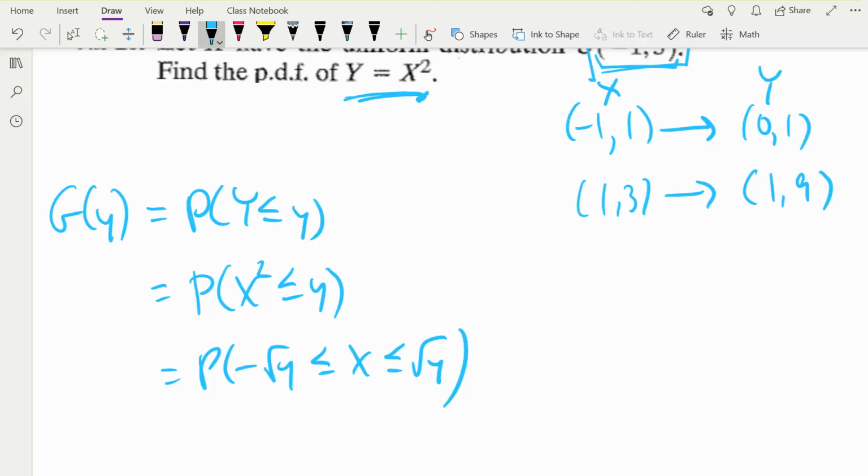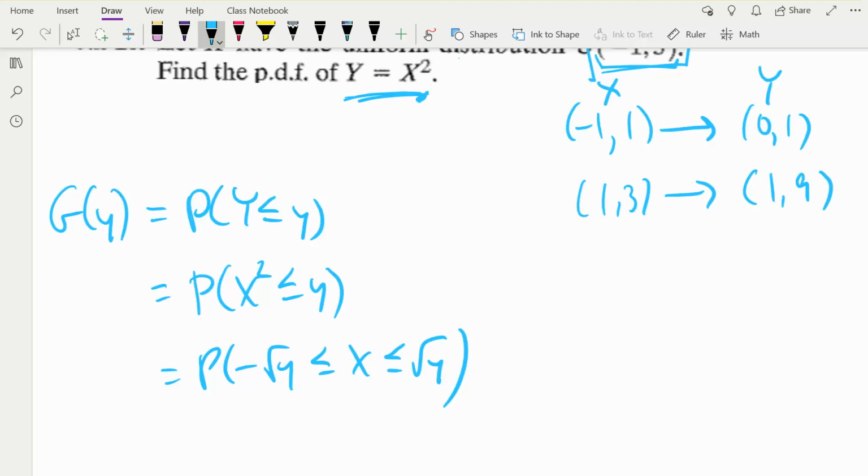What does y have to be in order to be able to worry about that? So y has to be between 0 and 1 to even worry about this part, right? Because if y is bigger than 1, x is guaranteed to be bigger than that. X can't get less than -1, right? So for example, if y is 4, that would say that x is greater than -2, which has to happen, right? X can only be between -1 and 1, right?